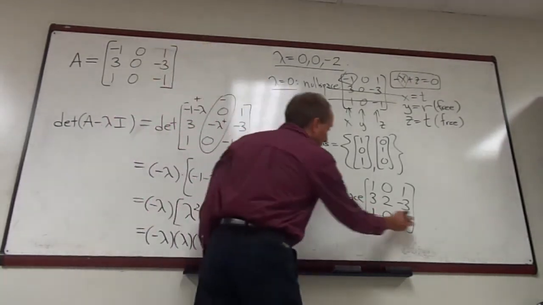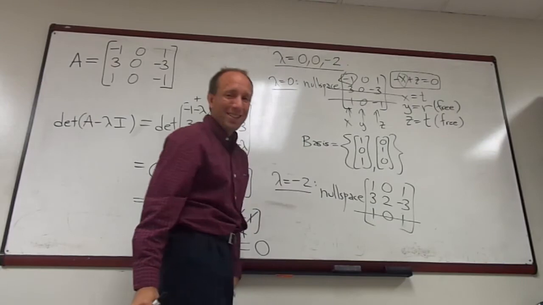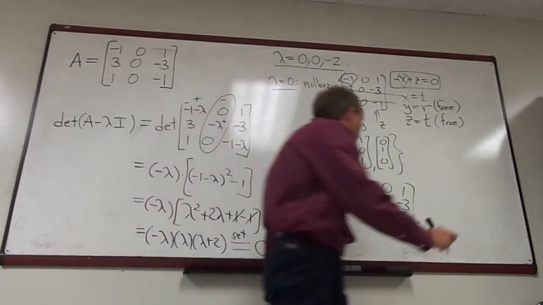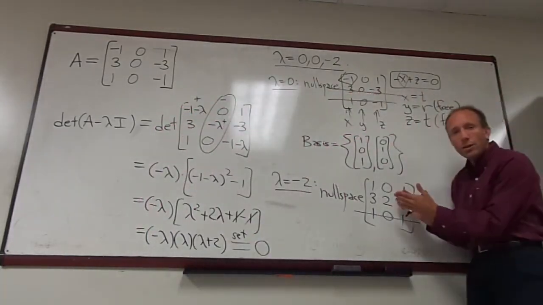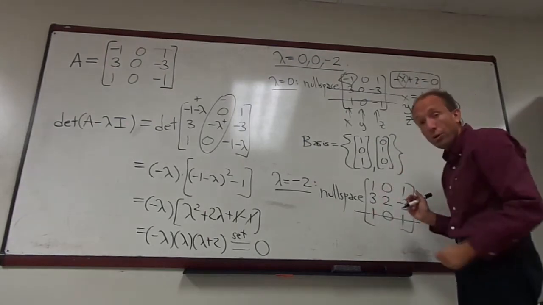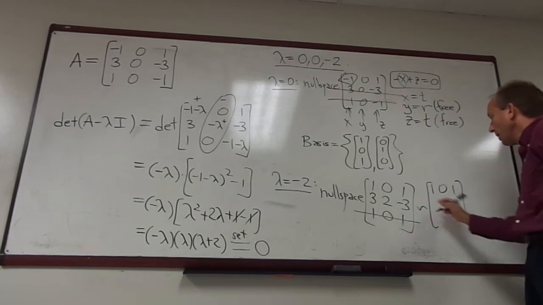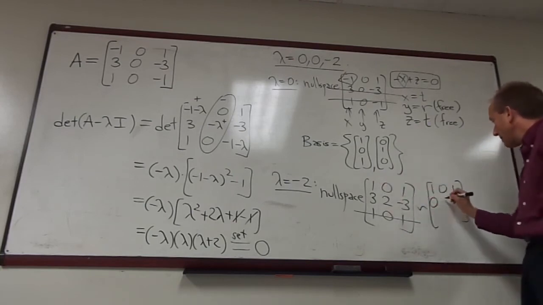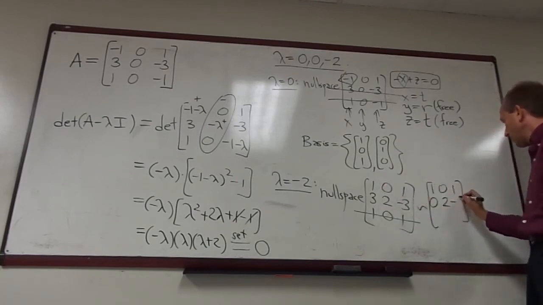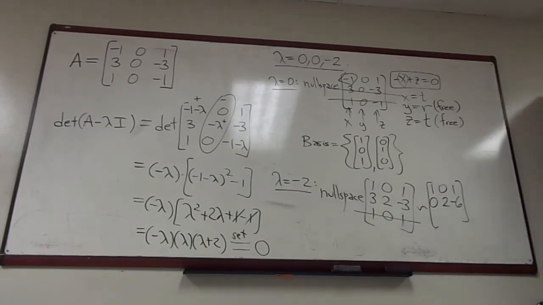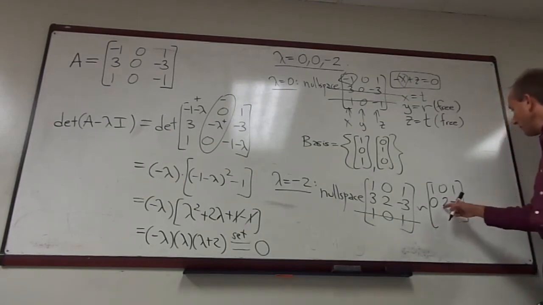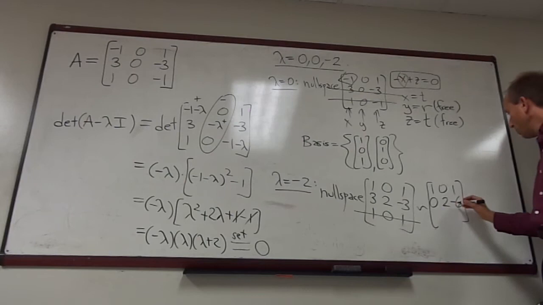And of course, the bottom row is the same as the top row, so I'll just cross that one off. And now, when I'm doing this null space calculation, it is okay to do EROs. All right? So I'm going to multiply the first row by negative 3 and add it to the second row. So it's going to be something like that, if I did it right. Okay? And then I can divide this through by 2 if I want.